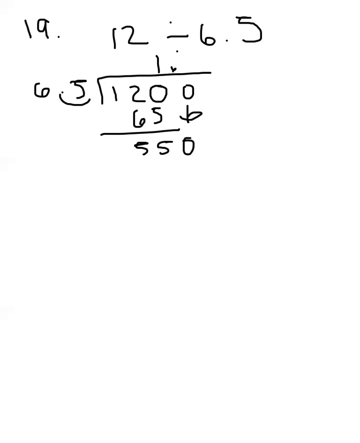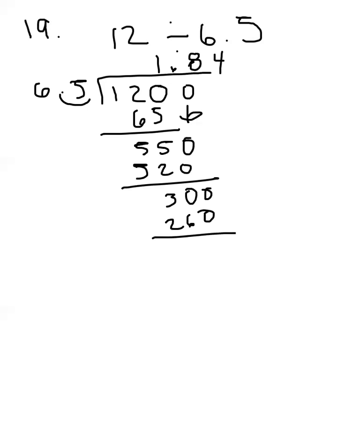Decimal point. 8. That's 520. Divide 34, 26. That'll be 6, 36, 39. And it looks like it's going to continue going.